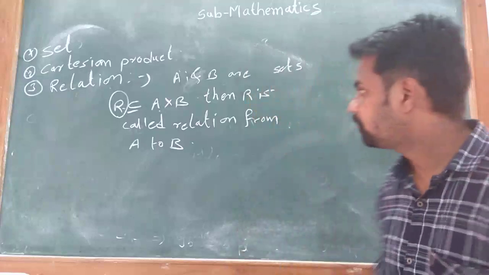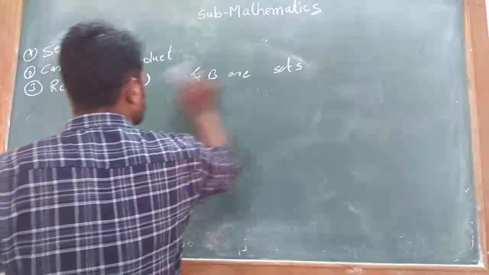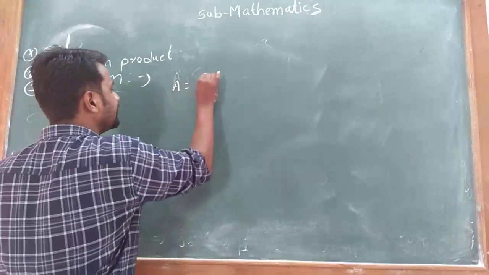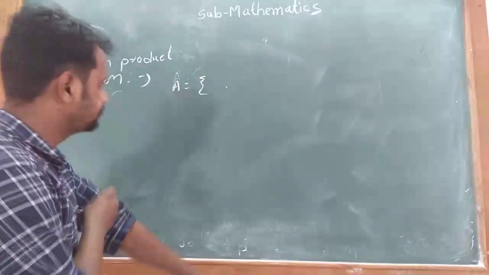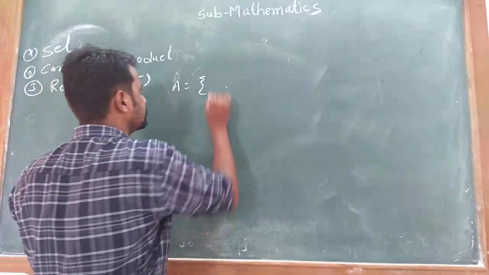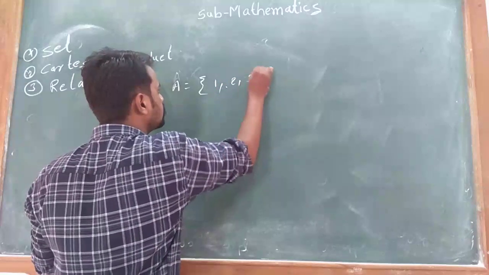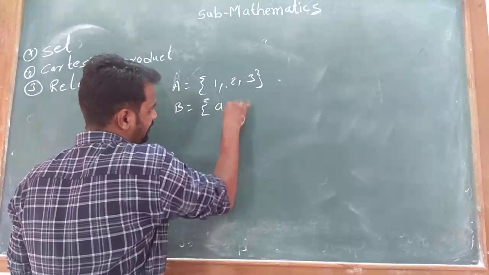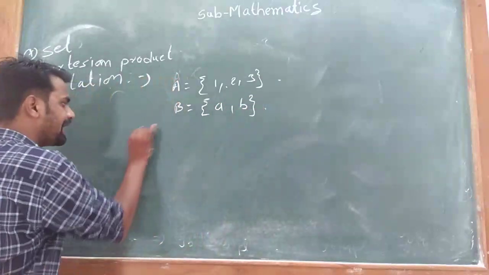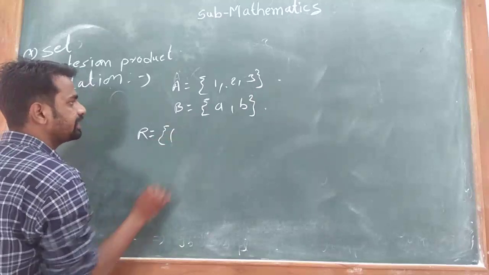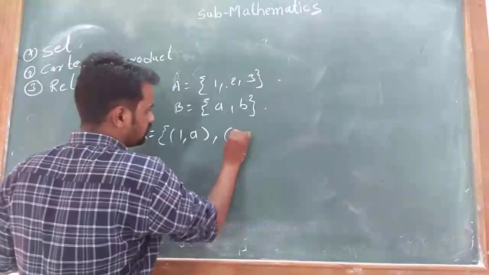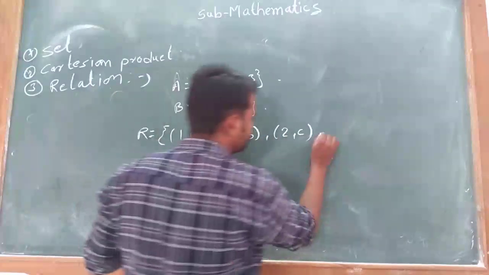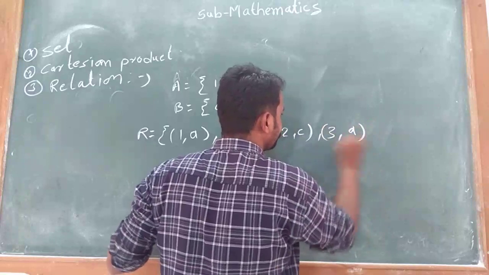Okay, for example, if A is equal to {1, 2, 3}, B is equal to {a, b}, and R is equal to the set containing the ordered pairs (1,a), (2,b), (2,c), (3,a).